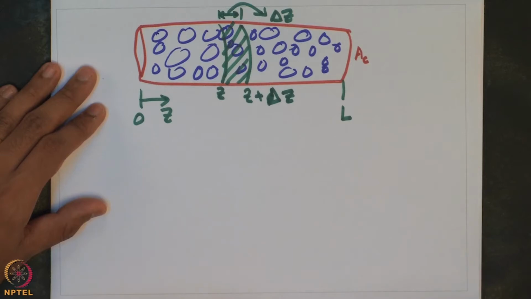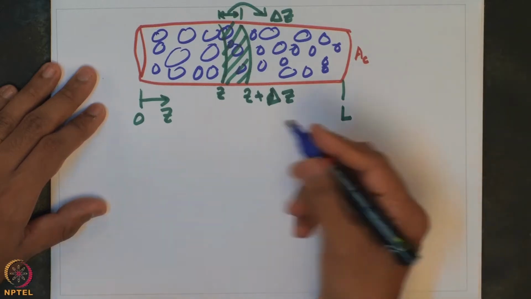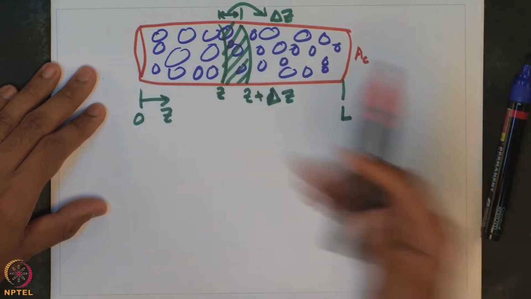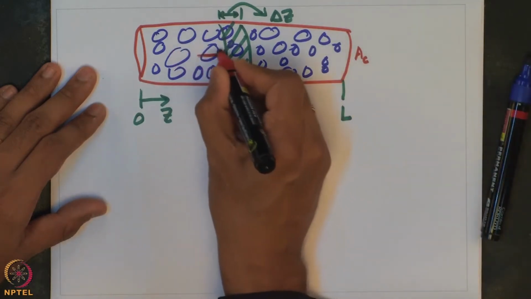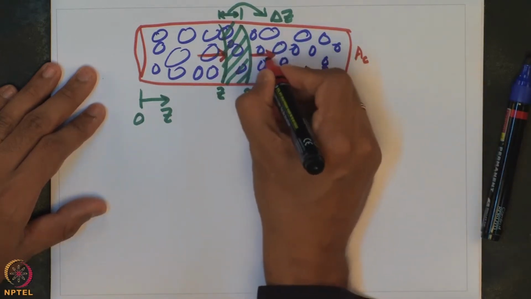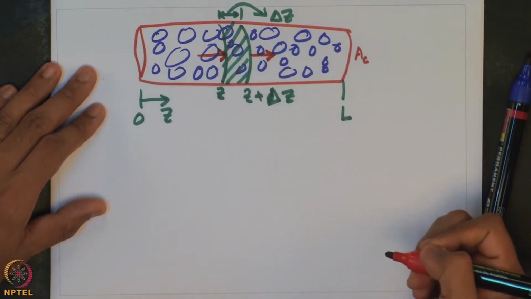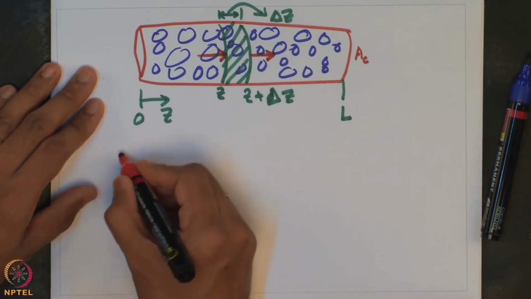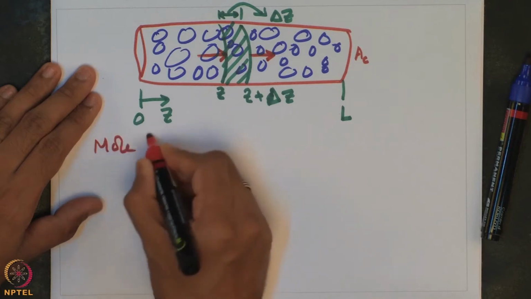Now, how do we write a mole balance? What are the things we need to define? We need to define the molar rate at which the species is entering this element at Z, and the molar rate at which the species is leaving that particular location. So, what is the mole balance?